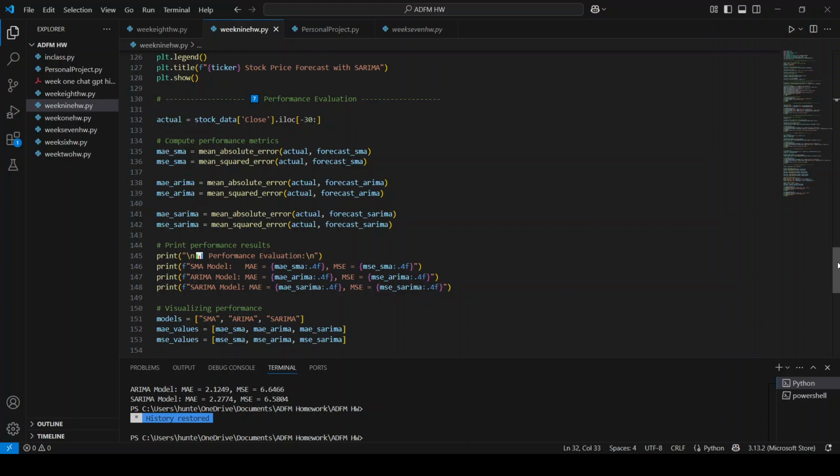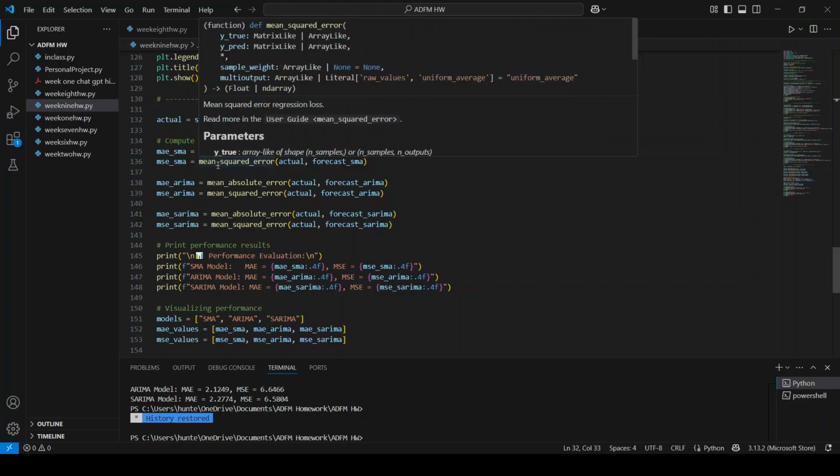Right here, mean absolute error will measure how far predictions are from the actual value, and the MSE, the mean squared error, is similar to the MAE, but it penalizes larger errors more.